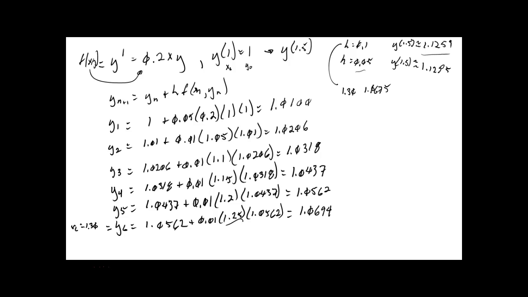Let's go and actually solve the differential equation. This is dy/dx equal to 0.2xy, solved by separation of variables. dy is equal to 0.2xy dx, and then divide both sides by y.